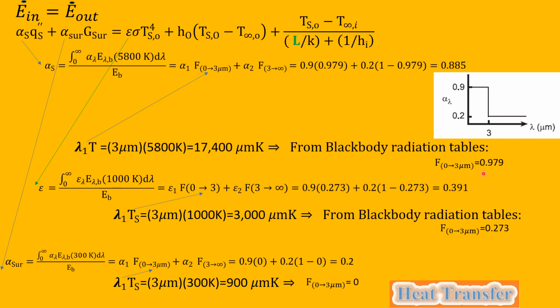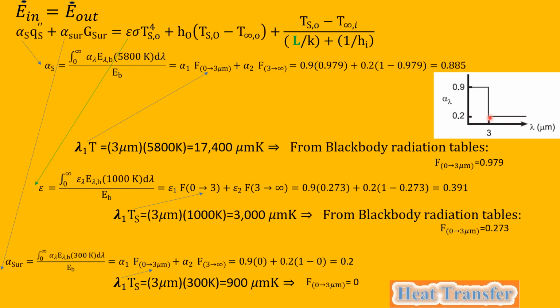If you can't find it, then most likely you have to interpolate for it. But this is the value that we find. Now we're going to bring this back right here. For the first absorptivity, from 0 all the way to 3 micrometers, it's 0.9 times what we found right here. Plus the second one is this section, which has an absorptivity of 0.2 times... we're not going to find another F for it, because from the beginning all the way to infinity, that would be equal to 1.